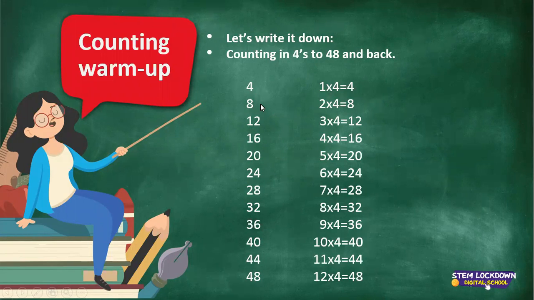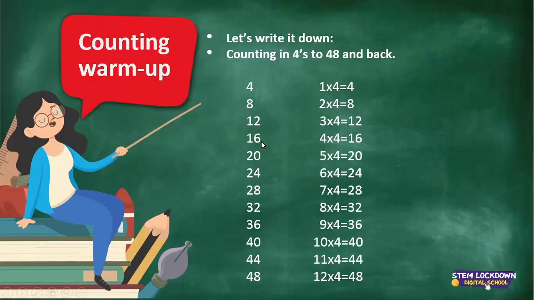We just look at the screen. I want to explain it to you only. All right. Just watch. The first one is 1 times 4. Then the number 8 is number 2. So we say 2 times 4 equals 8. And the 12 is number 1, 2, 3. So that makes it 3 times 4 equals 12.